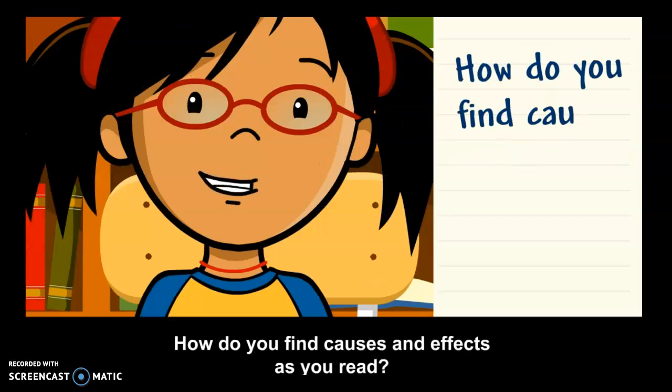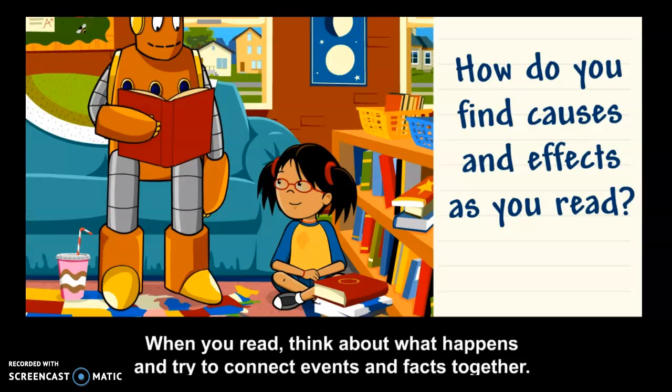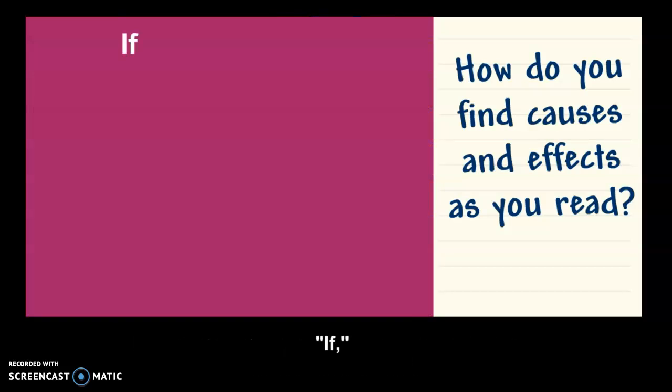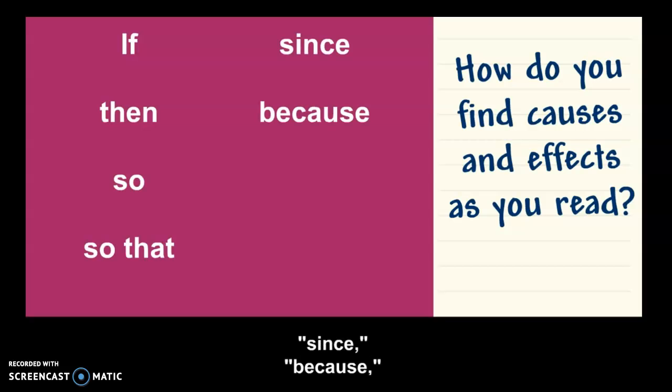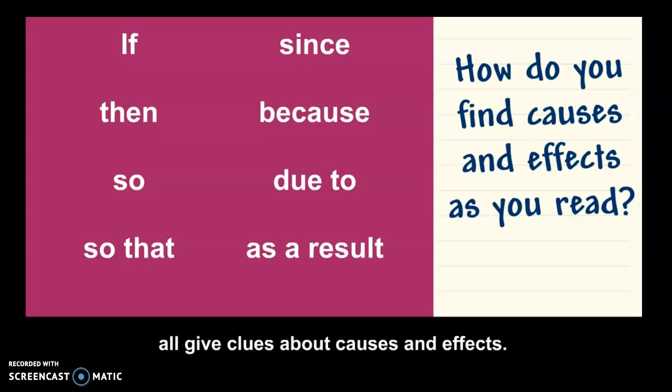How do you find causes and effects as you read? When you read, think about what happens and try to connect events and facts together. Look for special words that give clues about causes and effects. If, then, so that, since, because, due to, and as a result all give clues about causes and effects.